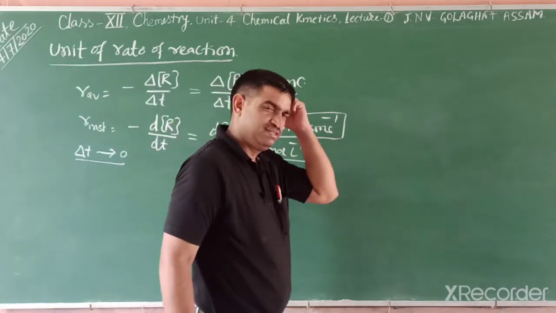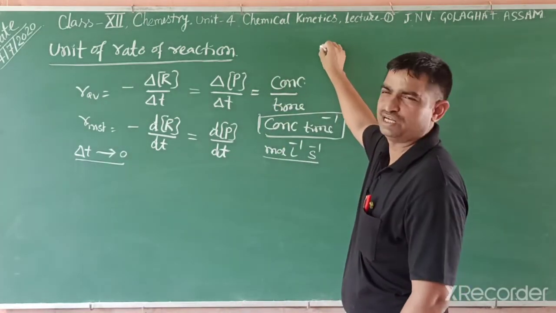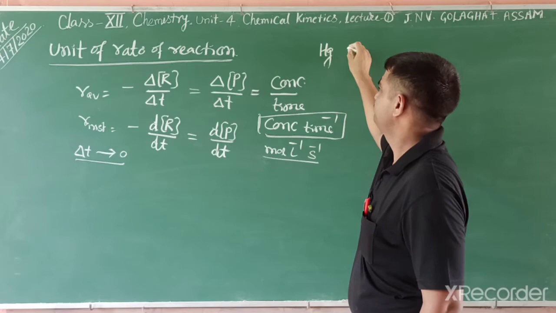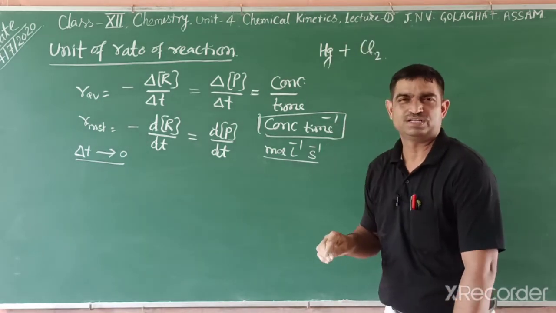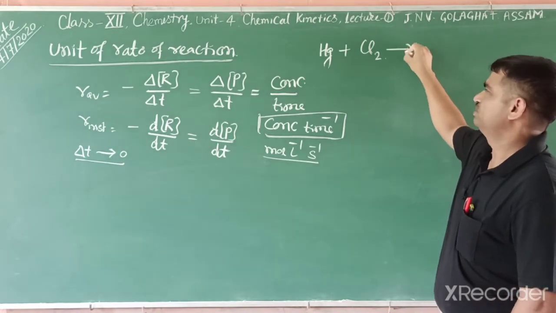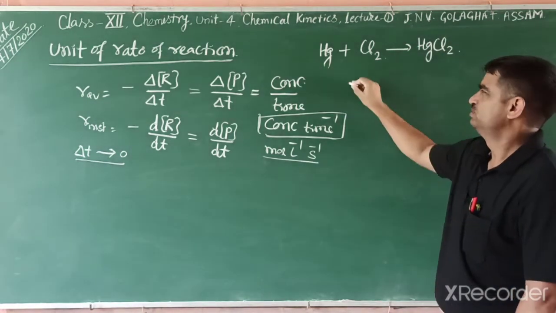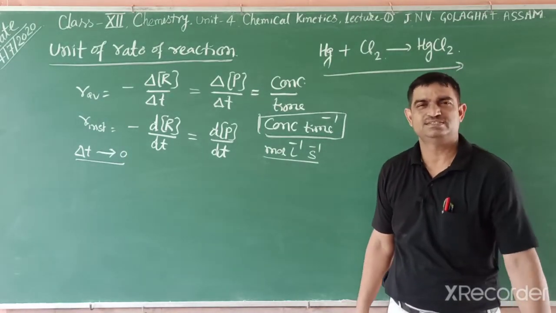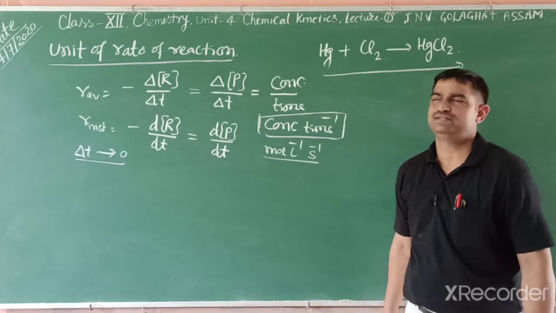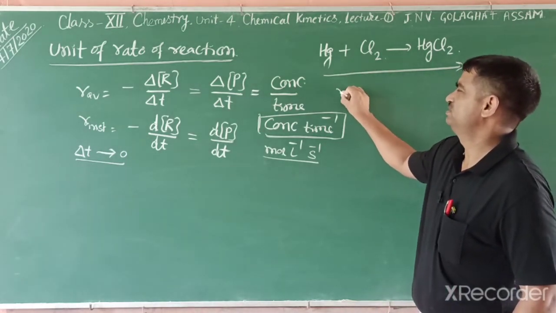We can write one reaction that is given in your NCERT book: mercury when reacting with chlorine is converted into mercuric chloride, HgCl2. So this one is a chemical reaction and this is a balanced reaction. So how can we write its rate of reaction? This rate of reaction we can write in this way.